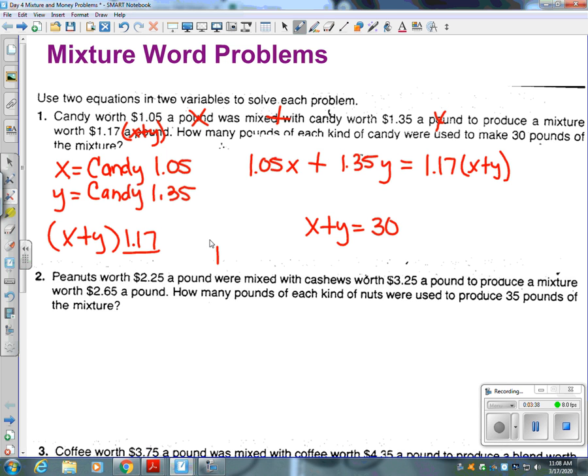So it was 18 pounds for the $1.05 candy, and 12 pounds for the $1.35 candy.